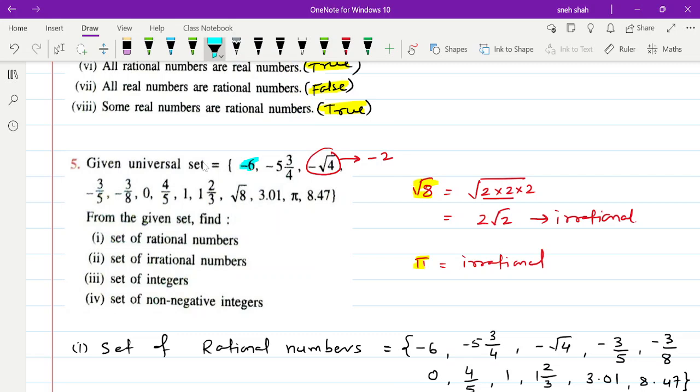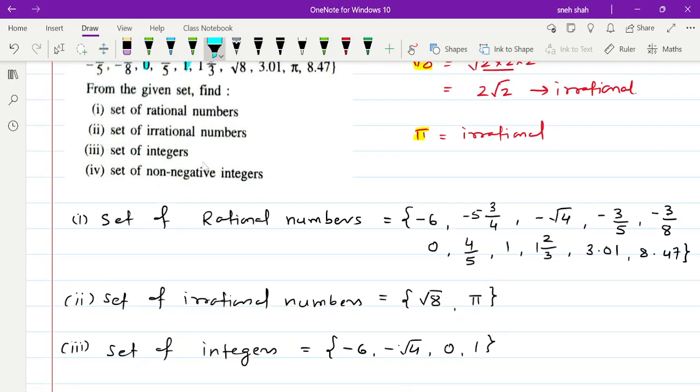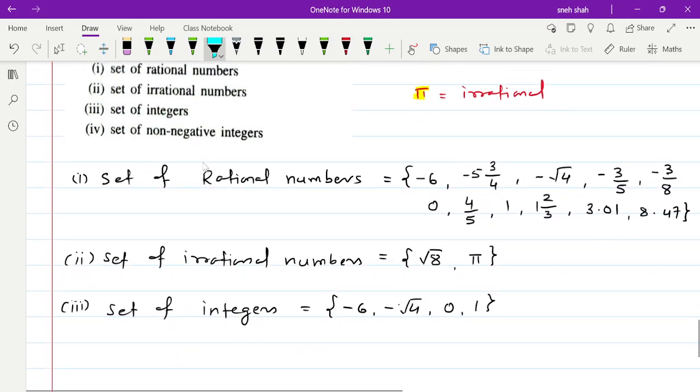Minus 6, minus root 4, which is actually minus 2, then 0, then 1, okay, that's it. Next, we have to make the set of non-negative integers.